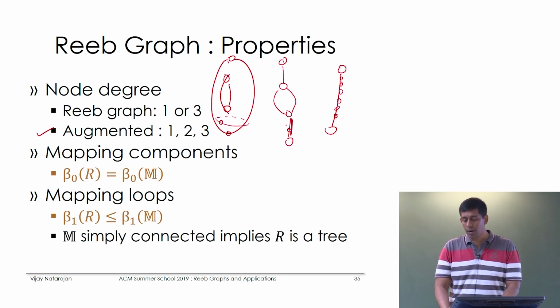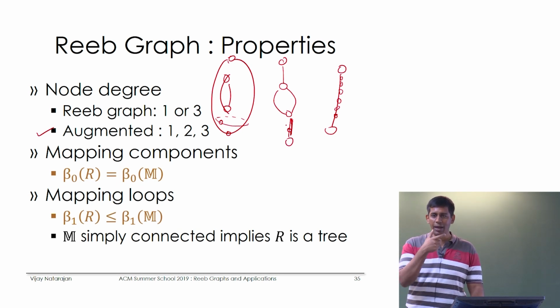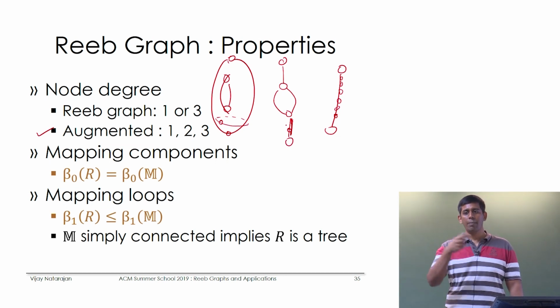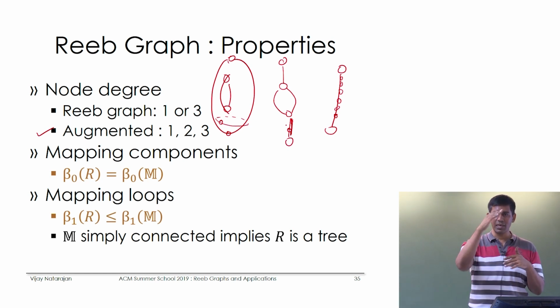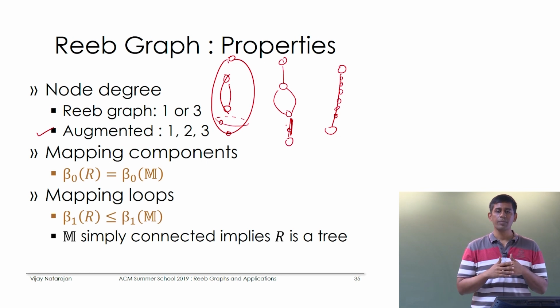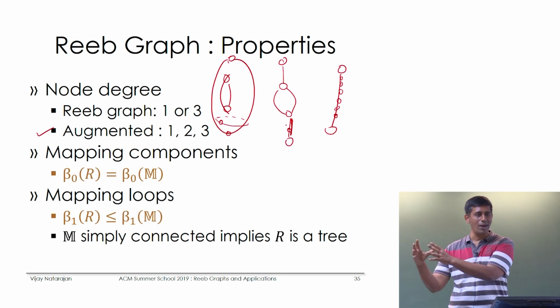Now, what does it preserve? Every connected component of the iso surface maps to a point. So if you have a connected component of the domain, and you have a Morse function defined on it, all the level sets will be connected to each other. So this entire domain will be mapped to one connected component of the Reeb graph.